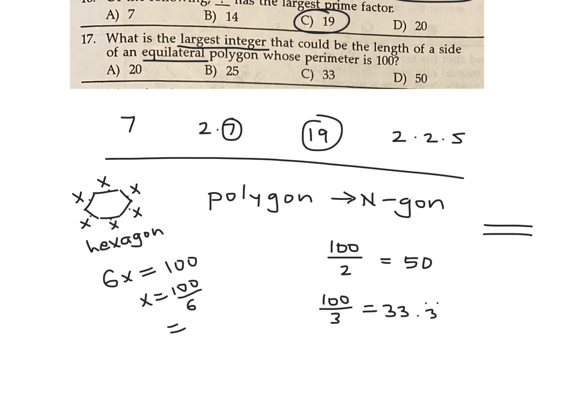That's not an integer because you have to have an integer. Okay, let's try 100 divided by 4. That's 25, and that works. And then that's the largest, because as you go 5, 6, 7, and so on, the side lengths would get smaller. So I think that's it. That is the answer, so therefore B would be correct. In this case it would be some polygon that has 4 equal sides.